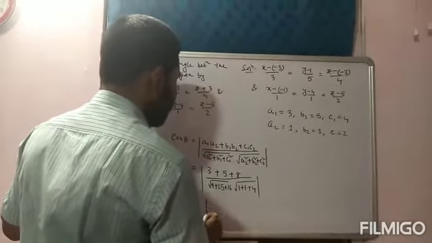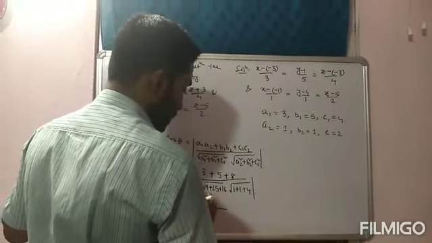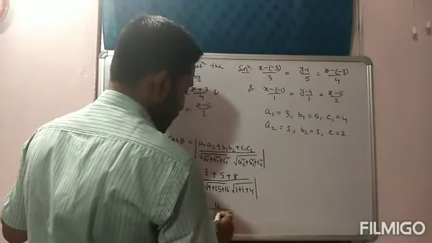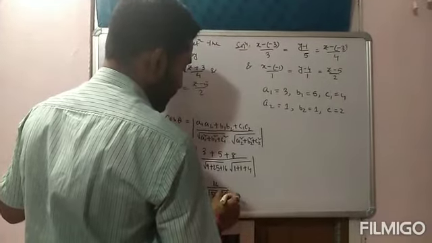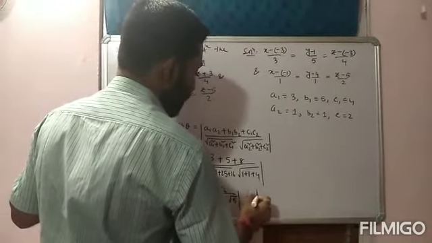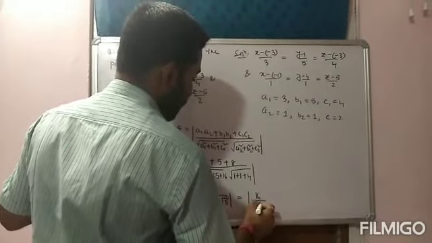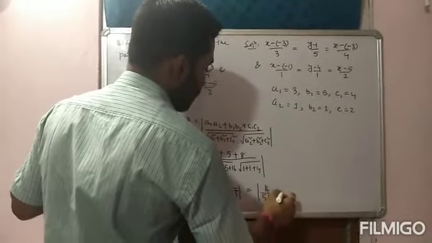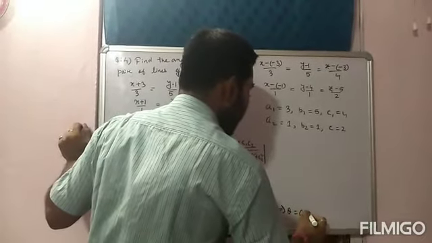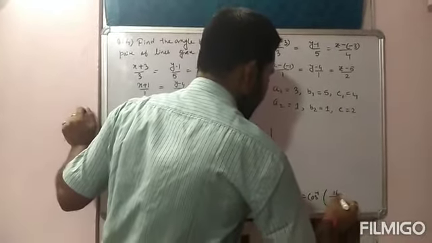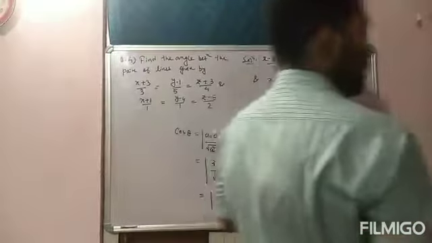So this is equal to 16 by root 50 into root 6, or we can write it as 16 by 5 root 2 into root 6. नहीं लिखने से भी problem नहीं है, so theta is equal to cos inverse of 16 by root 50 into root 6, which is the required answer.